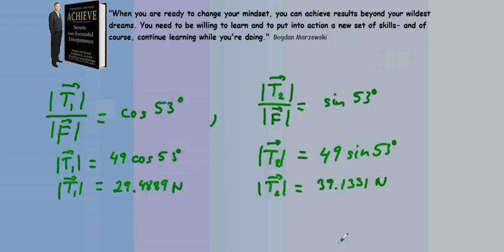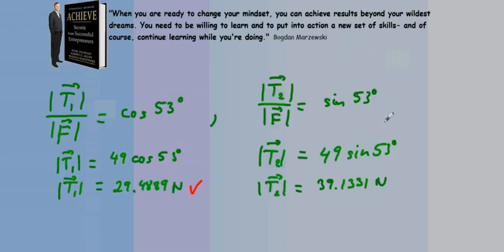So using the cosine ratio for force T1, we get the result for that ratio, and T1, please note, is in the direction of the 32 centimeters.